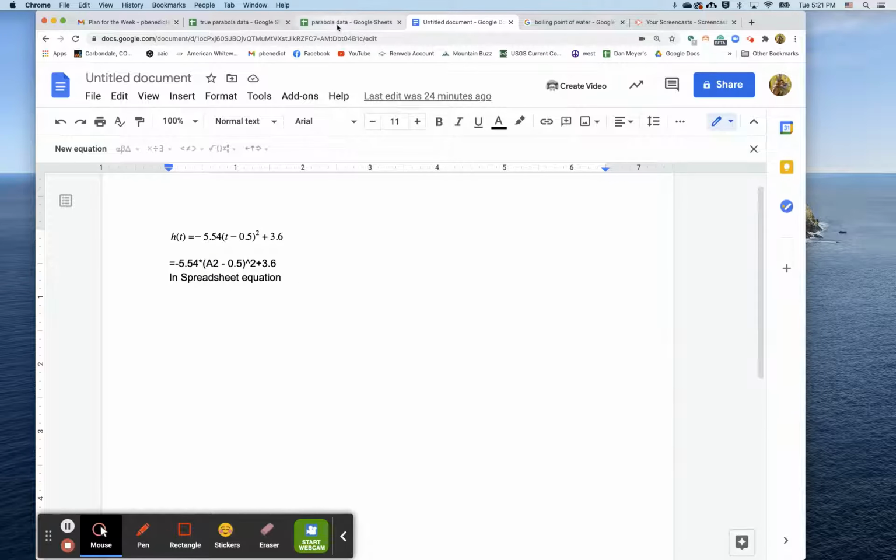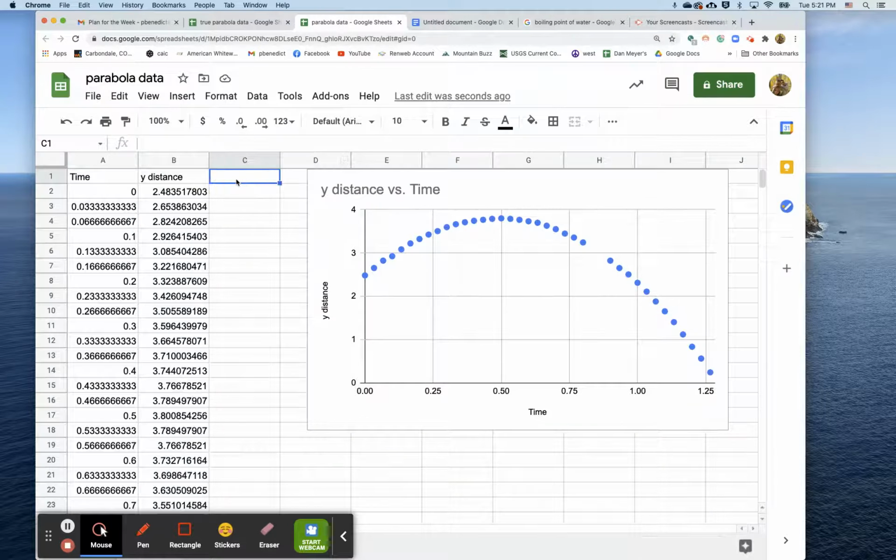So let's go and do that. In this next row, I'm going to say model. And then I'm going to type in what I just had. So equals, all the functions start with an equal sign, parentheses, and then I need my little shift 8 thing. So this tells the computer to multiply.